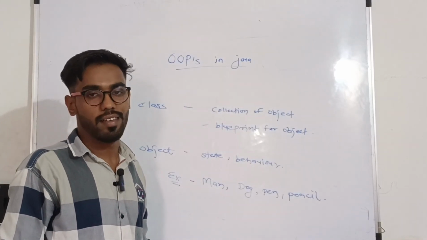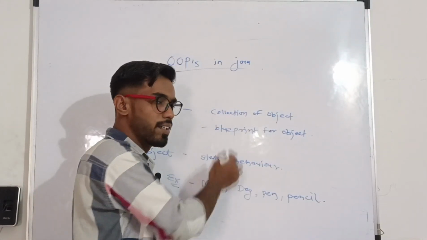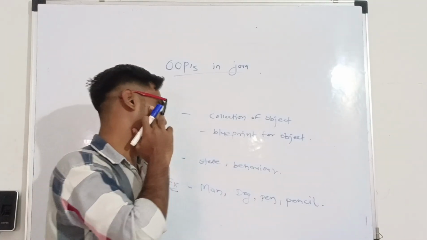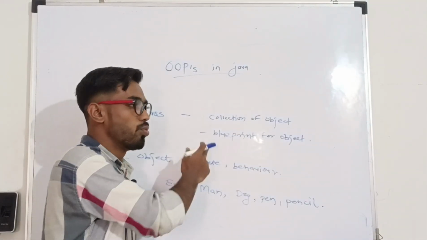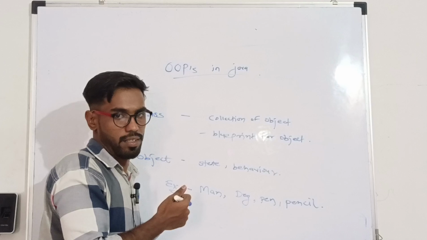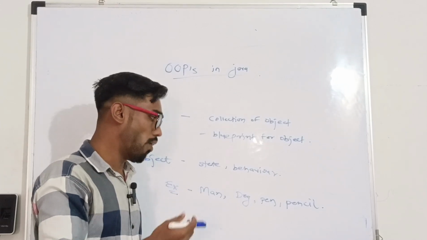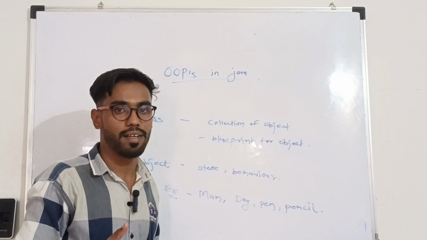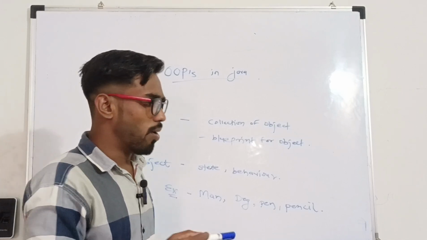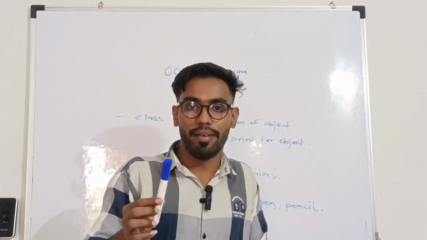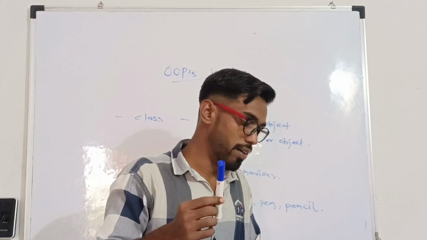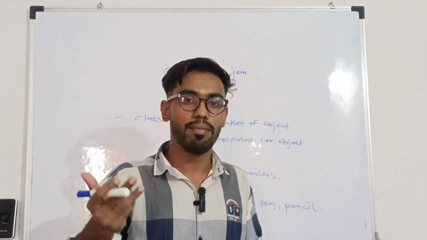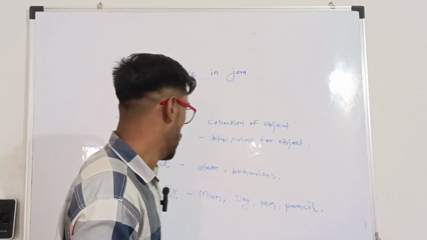What is a class? A class is nothing but a collection of objects, we can say. A class is also a blueprint for the object. And what is an object? An object has some state and some behavior. For example, an object is a pen, a pencil, or a man.